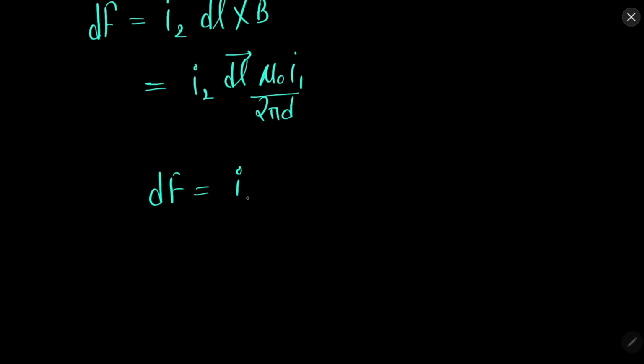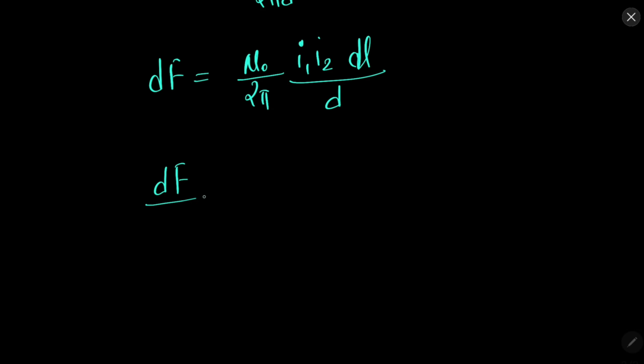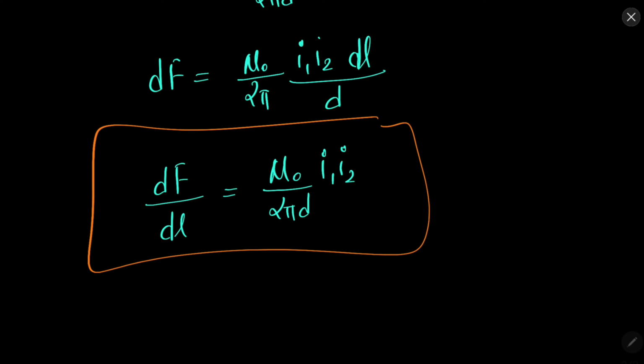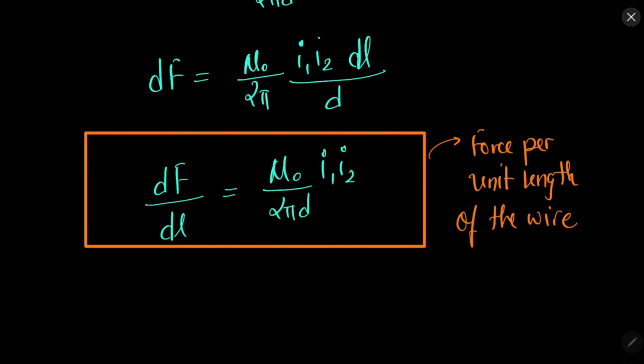I1 or mu naught over 2 pi I1 I2 into dl over d, and if you want to find the force per unit length, it will be mu naught over 2 pi d I1 into I2. So this is more useful, force per unit length of the wire.